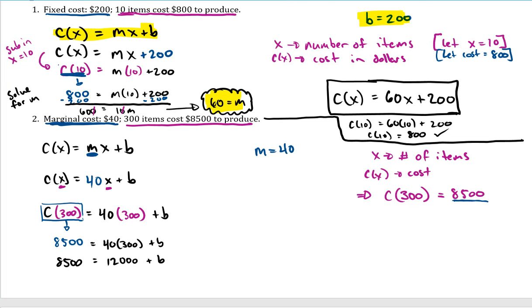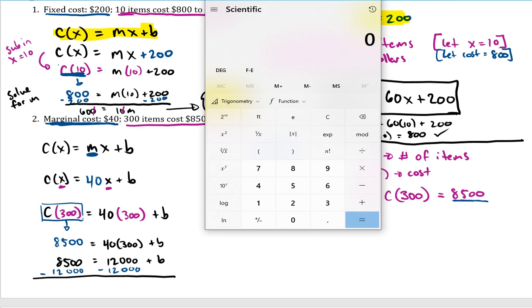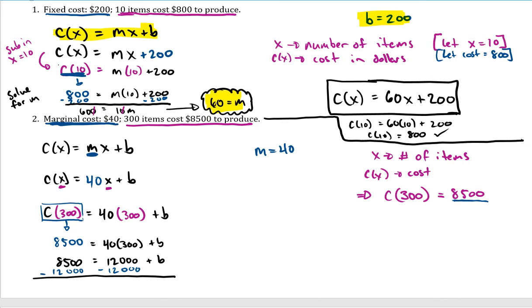So we've got minus 12,000, like that. So 8,500 minus 12,000. I'm going to use my calculator real quick here. And we get negative 3,500.